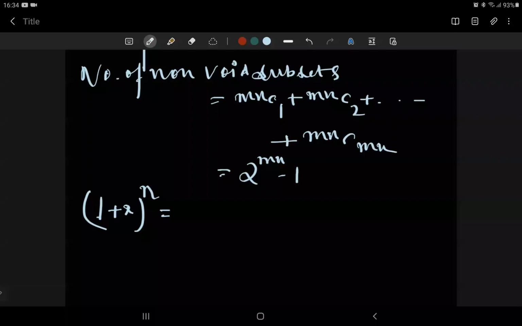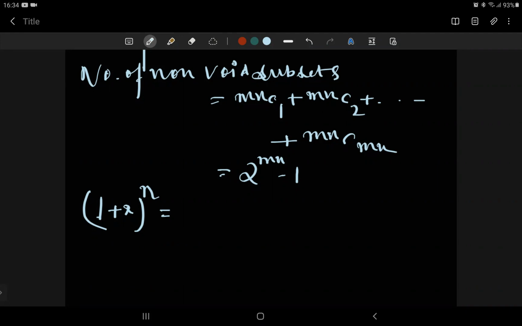Tell now. Sir, if we consider x plus y to the whole power n, or sir, 1 plus x whole to the power n only. So sir, it would be nc0 x to the power n plus nc1 x to the power n minus 1 and so on till ncn x to the power 0.